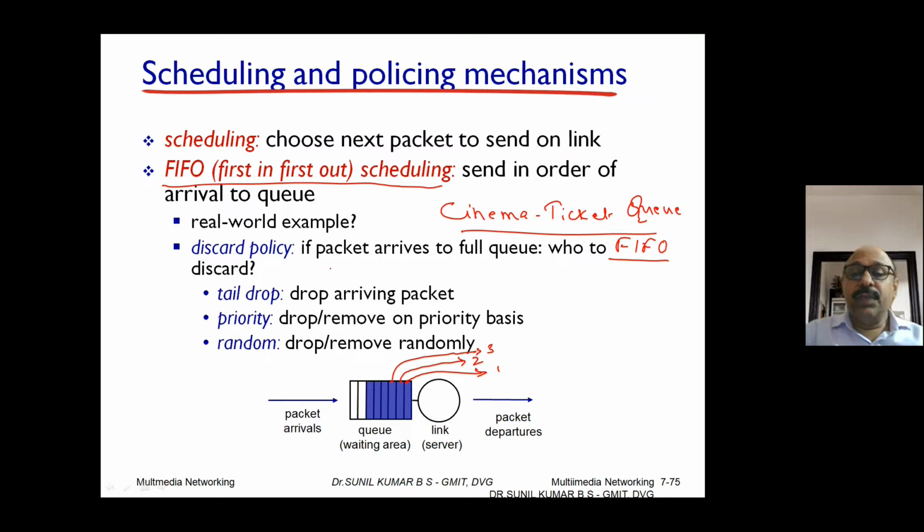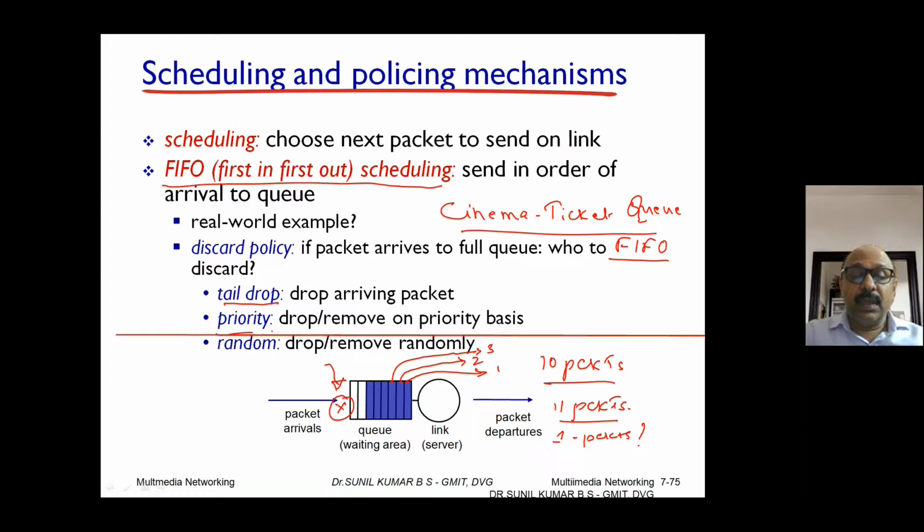Here the discard policy is also required. What is a discard policy? Suppose the buffer size is 10 packets and 11 packets arrive. What to do? You cannot give service to all, so one packet will be discarded. Which packet to discard is the question. With tail drop, the one at the last, in the tail, will be discarded from the queue, and the rest will be given service.